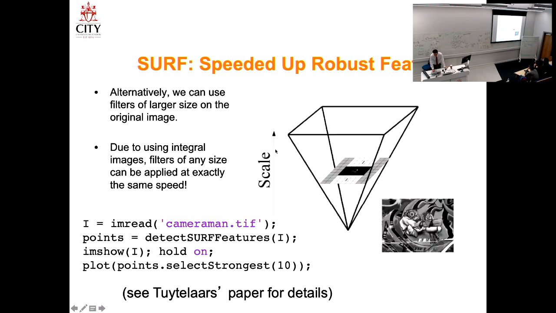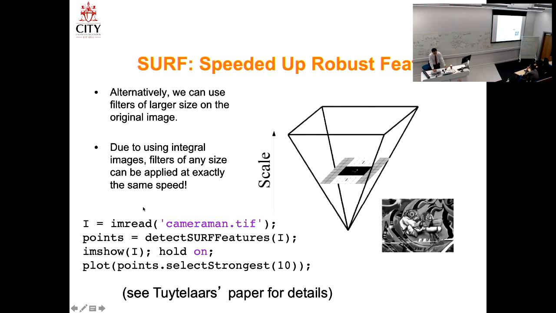But in SURF, instead of using different scales of the image, they use different scales of the filter. Because they are using integral images, and then they use a different filter size, and it is still the same amount of calculation. So it would be faster.